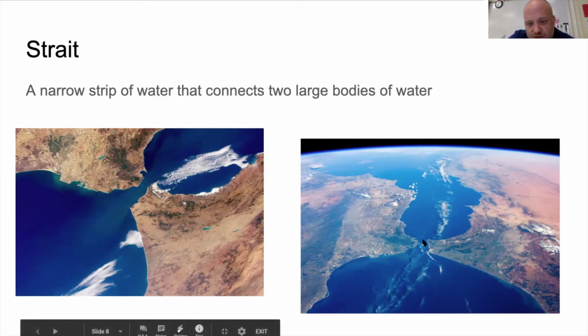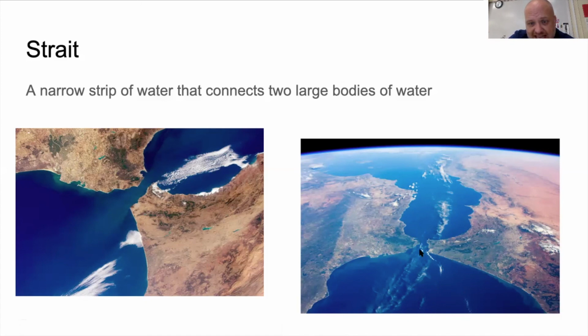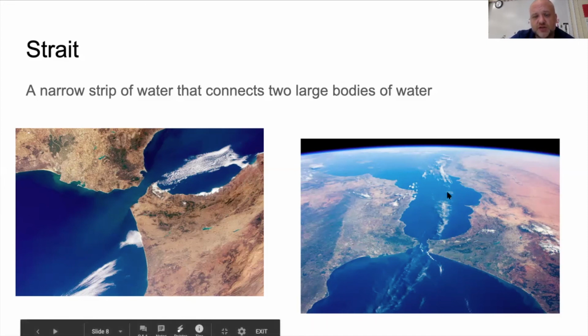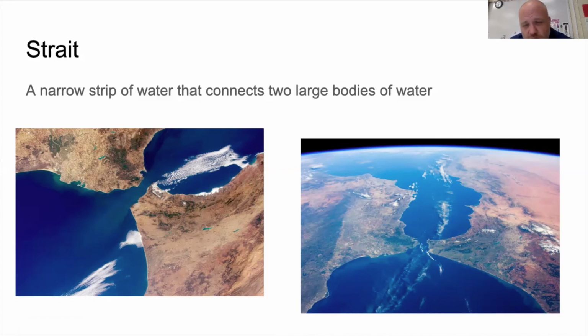One more time, this strait, narrow strip of water, you can remember the S in strait and the S in strip, narrow strip of water connects a big body of water and a big body of water. Here, the Atlantic Ocean, there, the Mediterranean. We have straits all over the place. There's a strait between Korea and Japan. There's a strait between France and England.